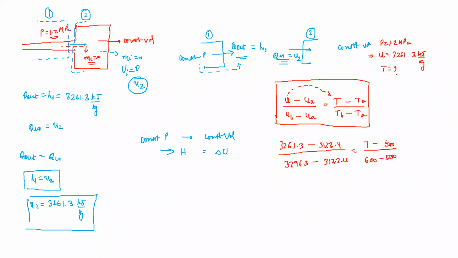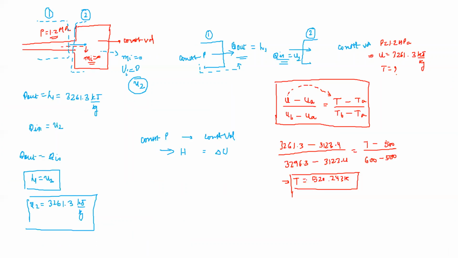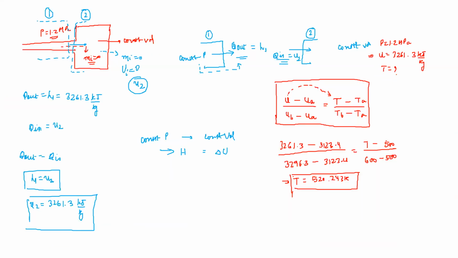From here, you get the temperature equal to 520.243 Kelvin. This might be somewhere close to the exact value of the temperature, but this way you can approximate temperature values to get the solution to the problem. In case you don't have sufficient data available, this is a way to approximate. Temperature was asked, so it is going to be around 520.243 Kelvin. That was quite an easy problem.